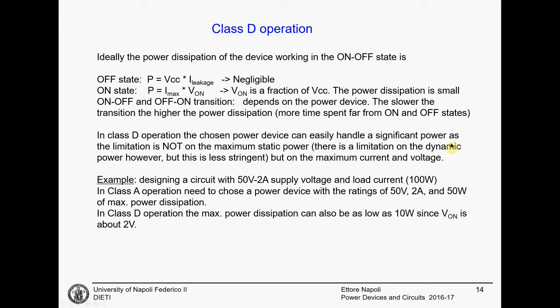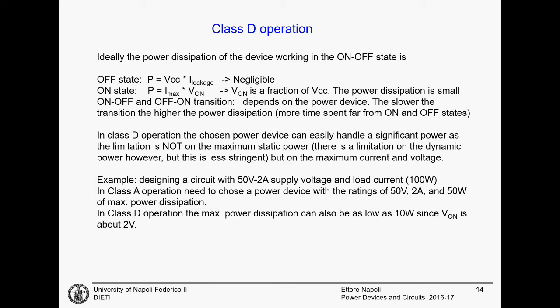There will be a limitation on the dynamic power, but usually you are much more limited by the maximum current and voltage. We will come later to the limits on the working region of the power device when we study the safe operating areas.